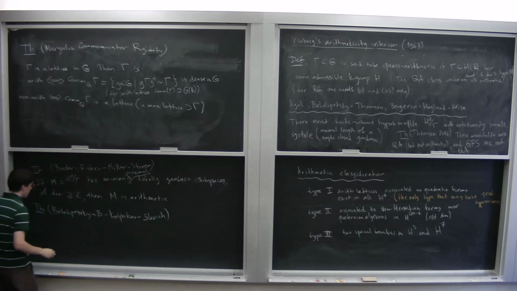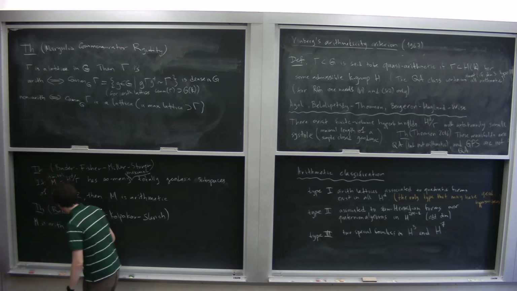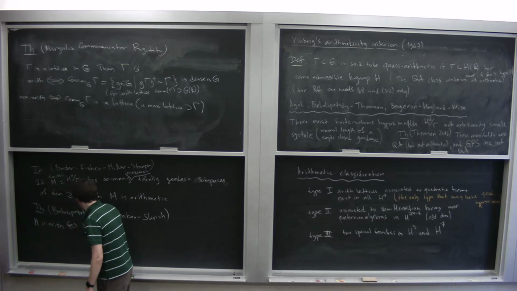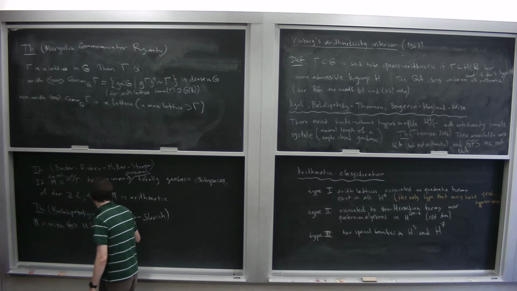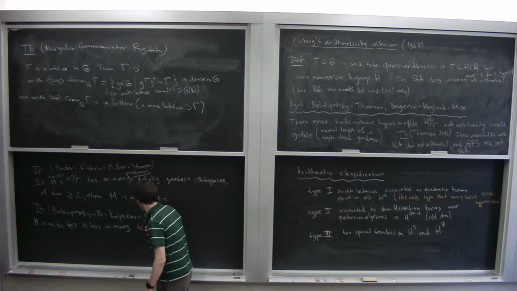It says the following: if M is of finite volume, it should be finite volume obviously, then M is arithmetic if and only if it has infinitely many so-called FC subspaces.